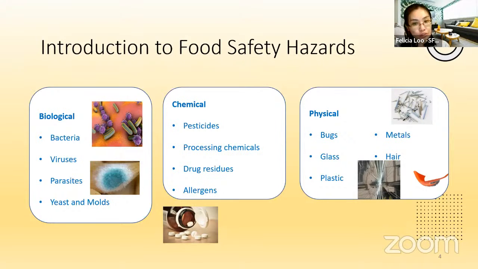In terms of physicals, you have bugs, glass, plastics, metals, and hairs. Those are the physical things that you can see. Bugs can enter if you don't have a good pest control program. Glass breakage, plastic breakage, metal breakage depend on the conditions of your storage items as well.